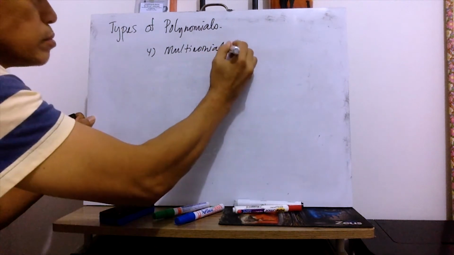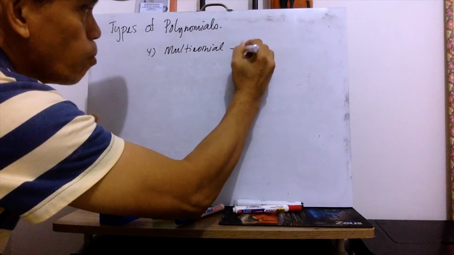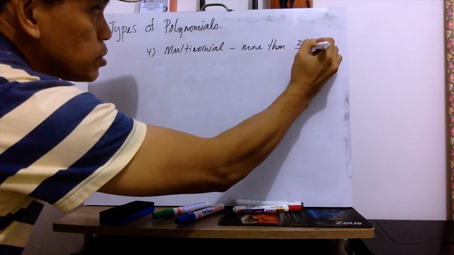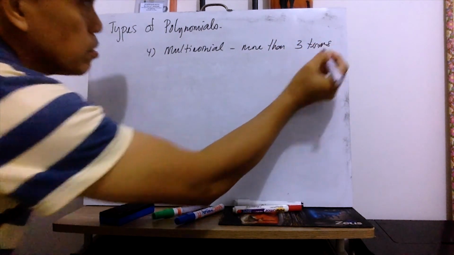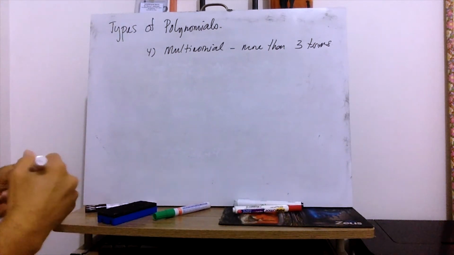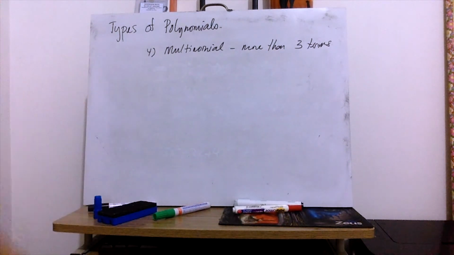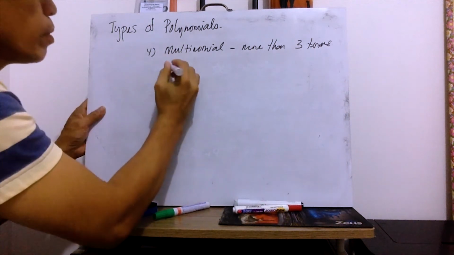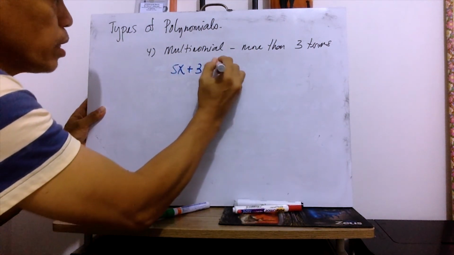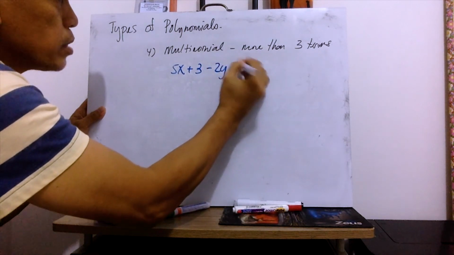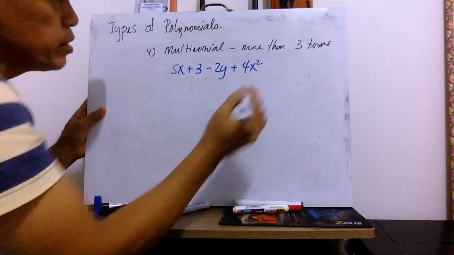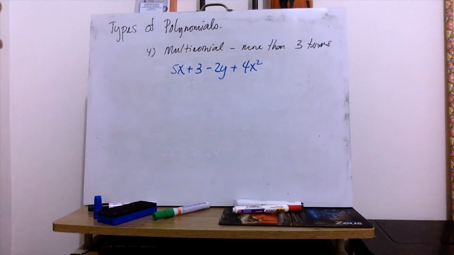More than three terms. If the expression consists of more than three terms, then we can call it a multinomial. 5x plus 3 minus 2y plus, let's say, 4x squared, that's a multinomial.